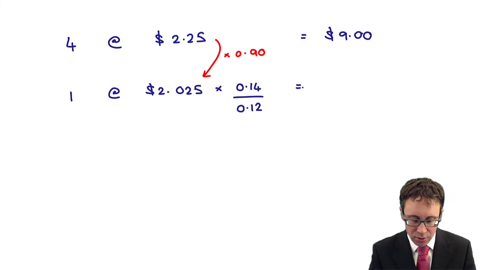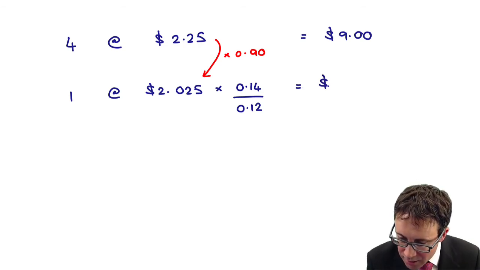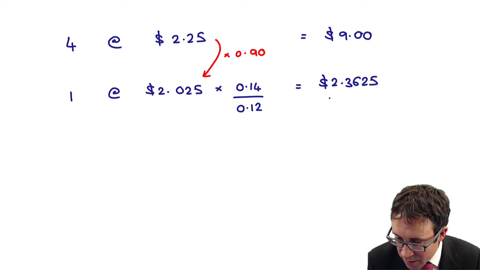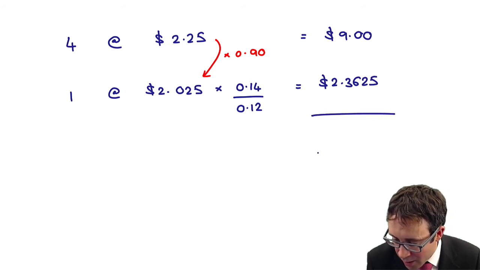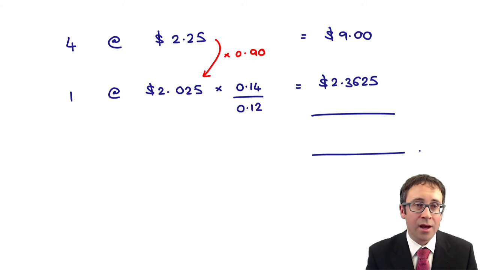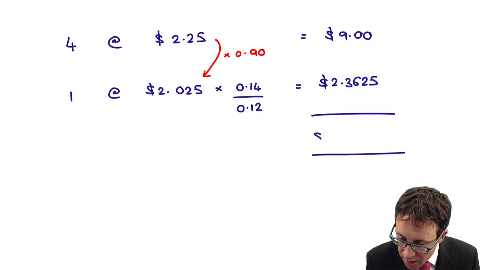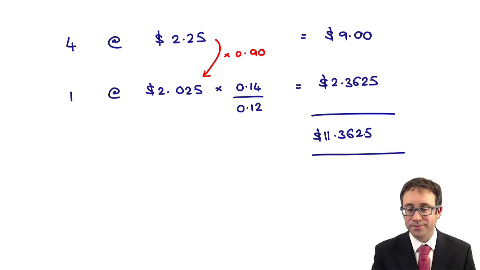If you tap that into your calculator, 0.14 divided by 0.12 times 2.025 gives me 2.3625. Again, in the exam, I wouldn't be so accurate in terms of the rounding, but that goes through there and gives you 11.3625.